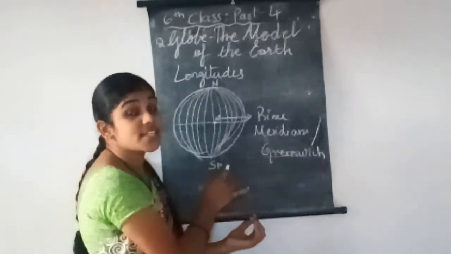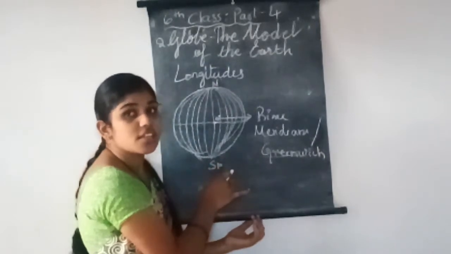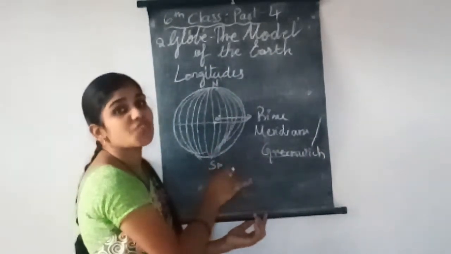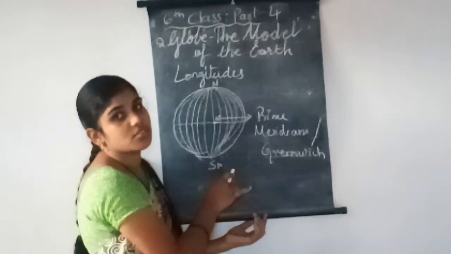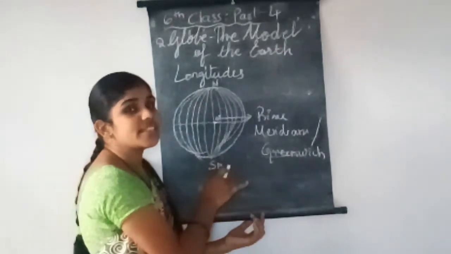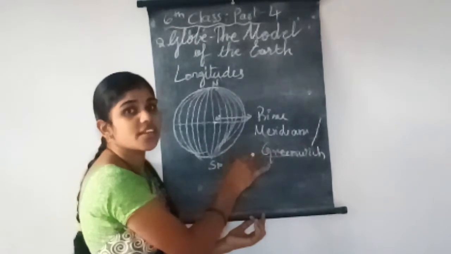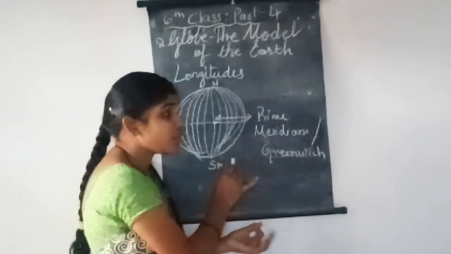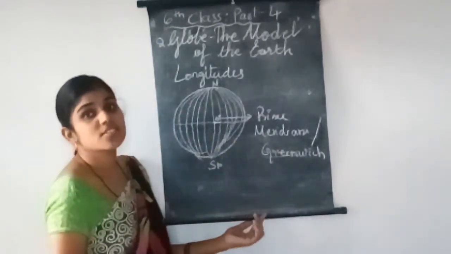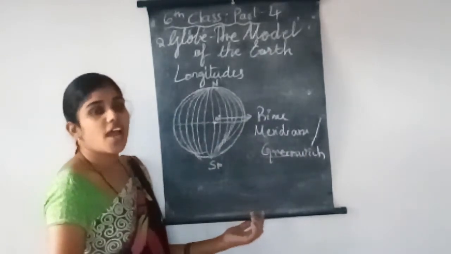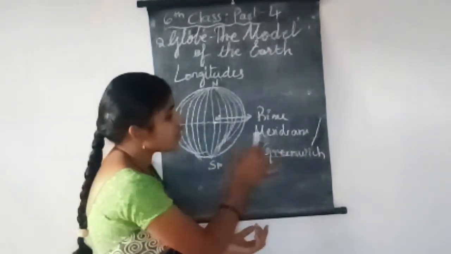So it is necessary to calculate where the sun rises first. The sun rises first in Greenwich. That's why we take the Greenwich place as 0 degrees longitude, and that's why it is called the Greenwich line.